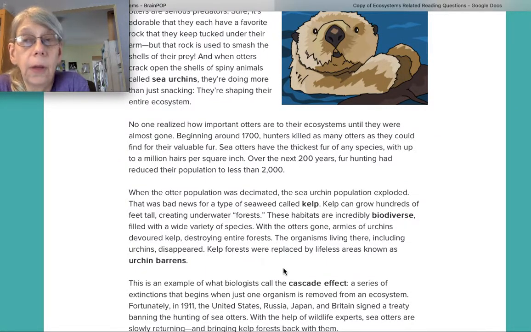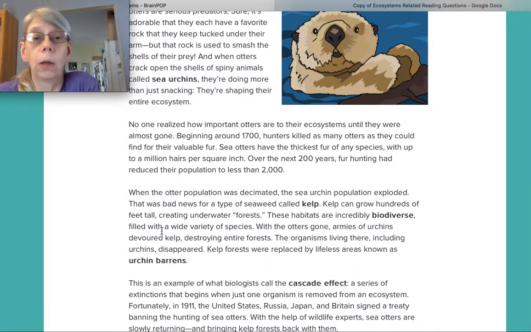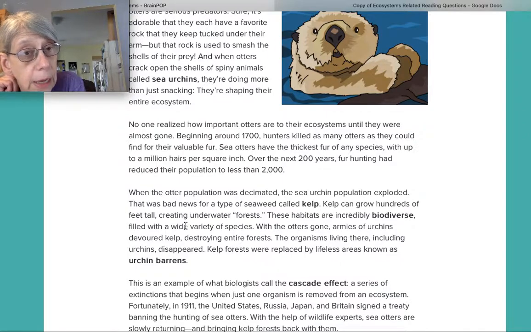All right, sea urchins live on the bottom, and they can move around, and they would just kind of come up and start eating kelp from the bottom. Once they brought it down, they really destroyed it, ate it all up. It could not grow back.